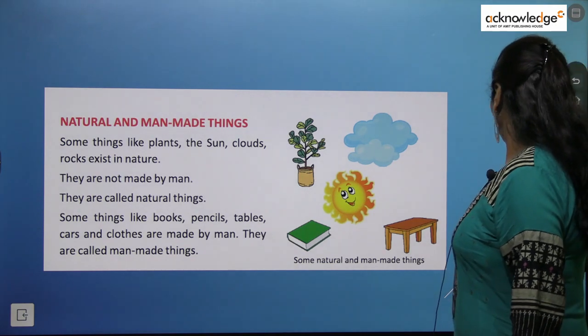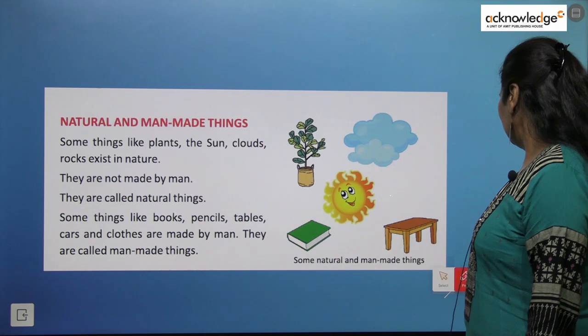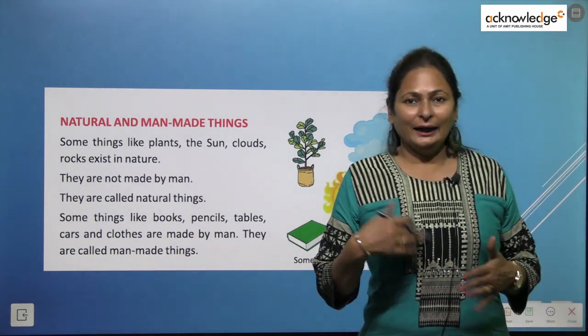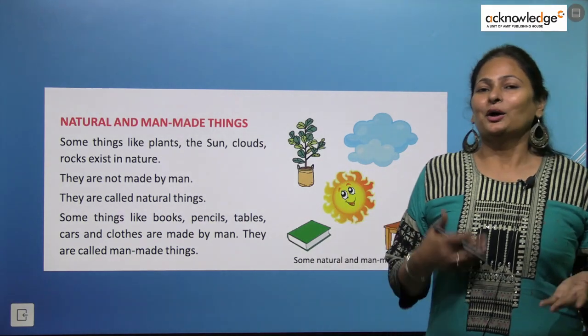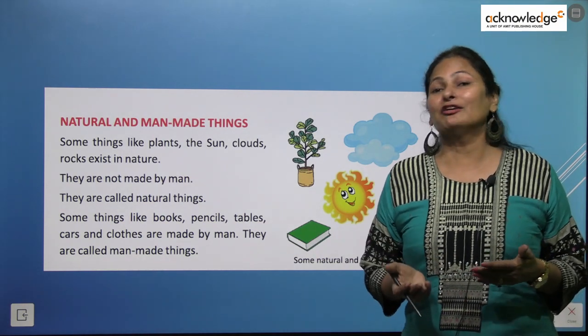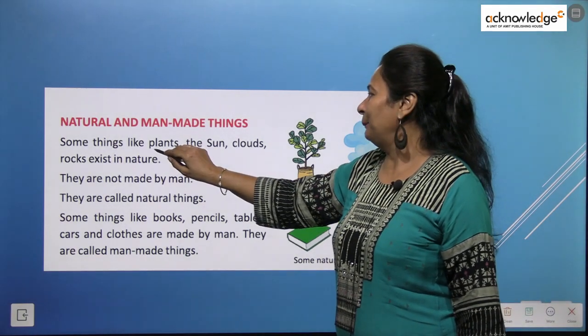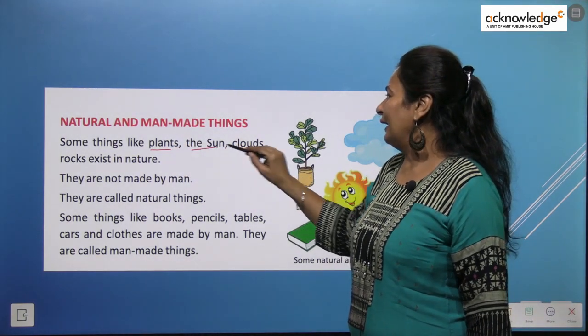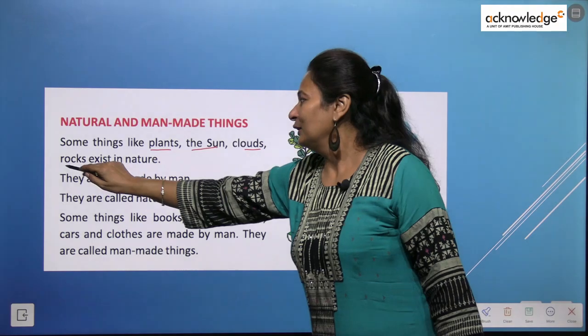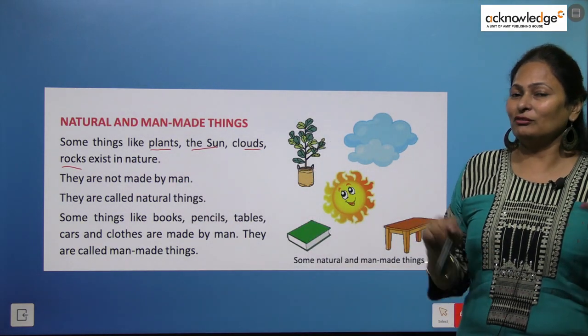Now, we will discuss natural and man-made things, the things either humans have made or made by nature, or you can say gifted by God. Some things like plants, the sun, clouds, rocks exist in nature.